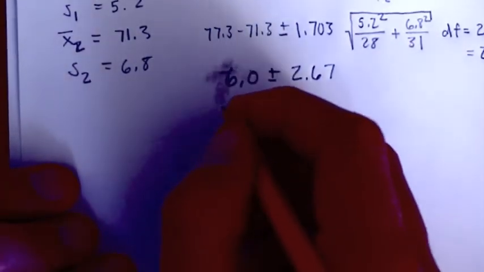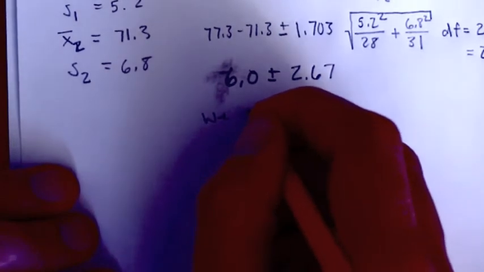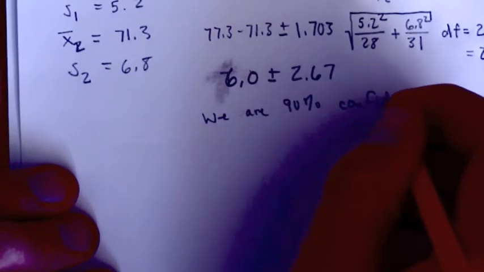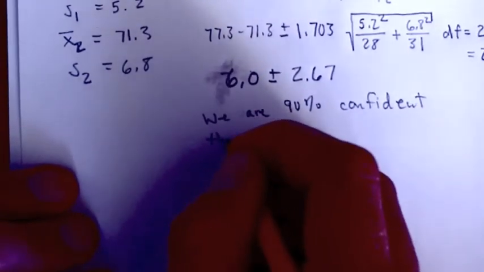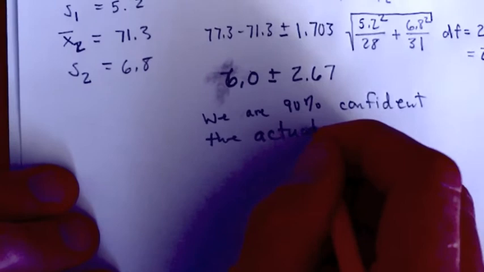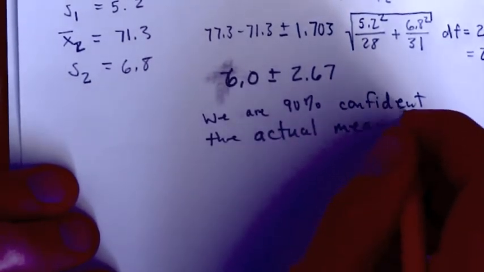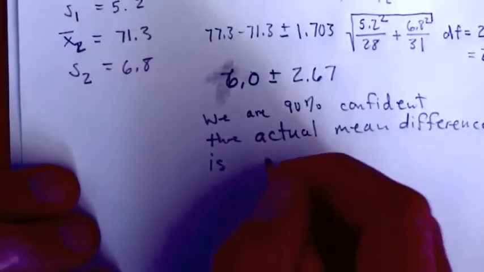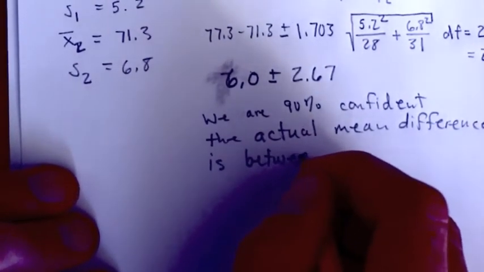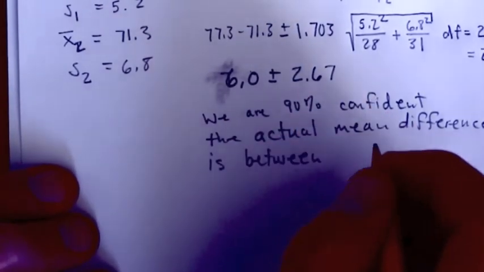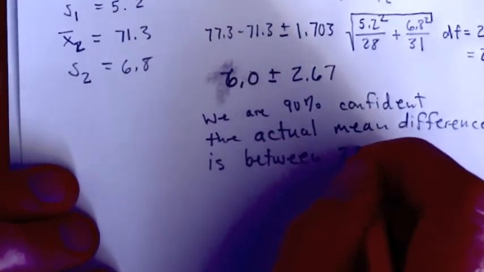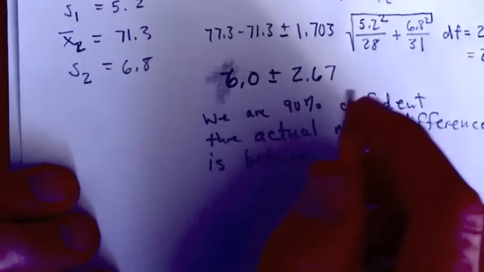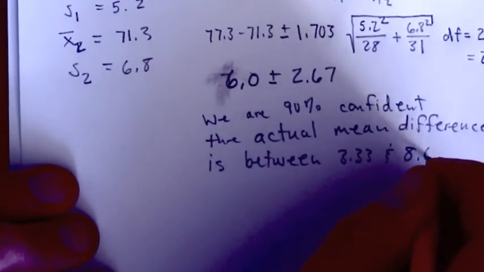And that would give us a prediction that we are 90% confident the actual mean difference is between 6.0 minus 2.67, which works out to be 3.33, and 6.0 plus 2.67, which is 8.67.